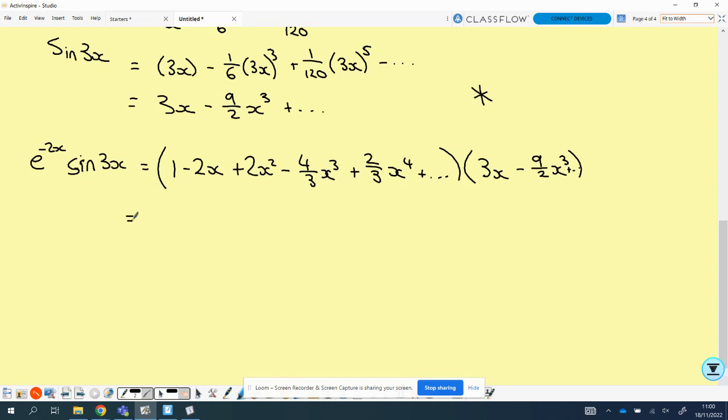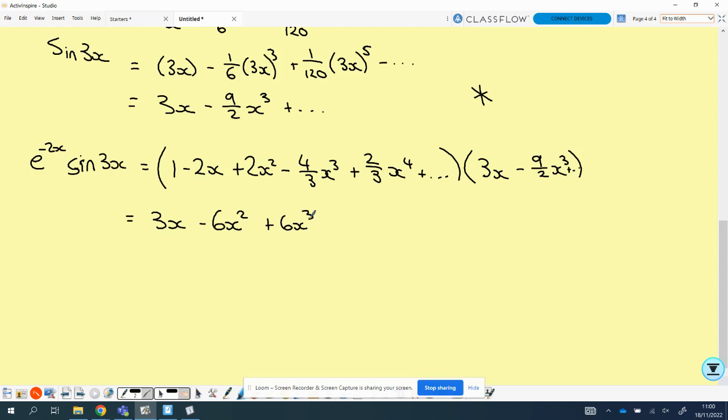So if I take the 3x and times this bracket, well, 3x times 1 is 3x. 3x times negative 2x is negative 6x squared. 3x times positive 2x squared is plus 6x cubed. 3x times negative 4 over 3 x cubed, that's going to take me to x to the power 4, that'll be the last one this will work for.